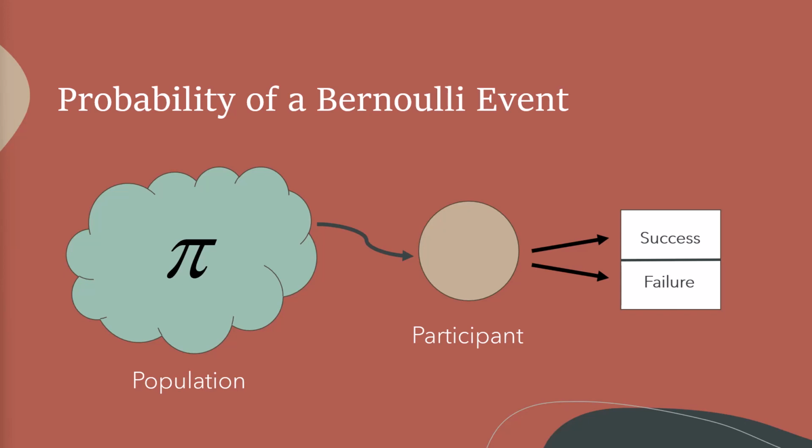That probability, you may notice, is closely tied to our sampling. That is, if there is a certain proportion of individuals in our population who will pass the exam, then when we randomly sample, the chance of us obtaining one of those individuals is based upon pi, the proportion that will pass.